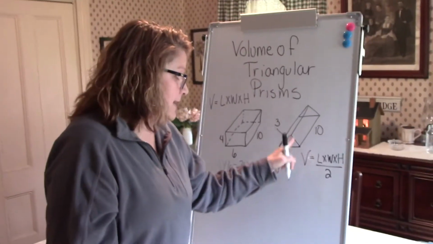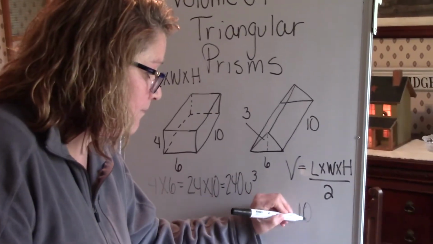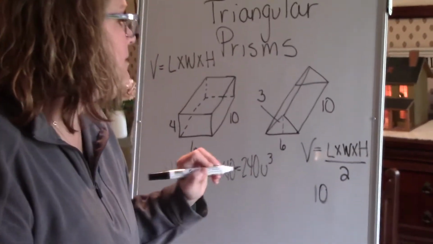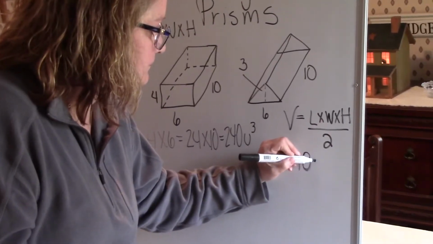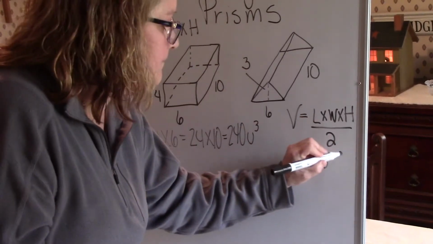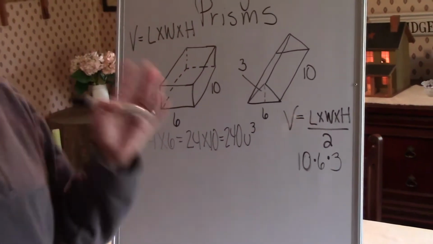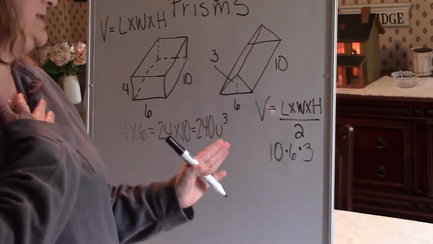So, the length is 10, okay? The width looks to be 6. And the height looks to be 3. So we're going to take those 3 numbers and multiply them together. So 10 times 6, that's 60.